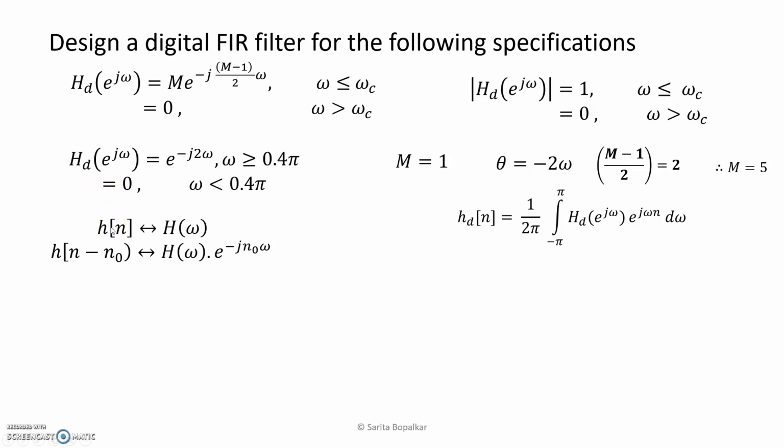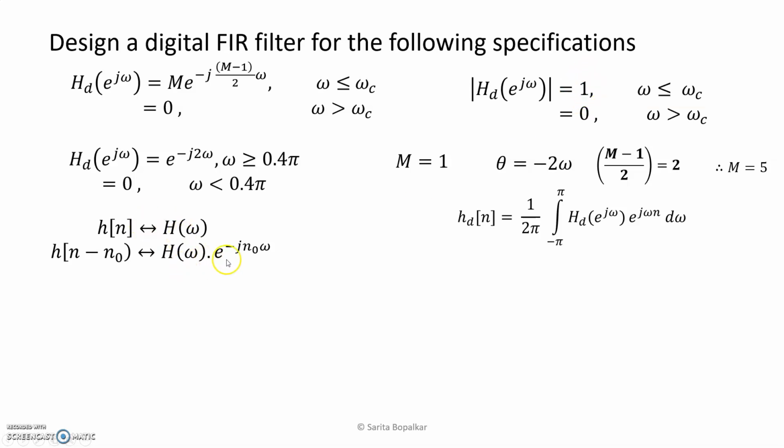h of n is the sequence. If its Fourier transform is H of omega, and if we multiply H of omega with e raised to minus j n0 omega, what is the effect in the time domain? The shift gets added by n0 units in the time domain. The same thing happens here. In the frequency domain, the amplitude is 1, H of omega.